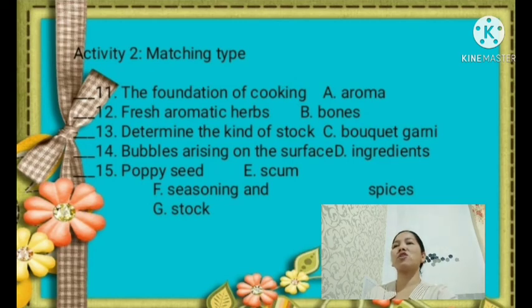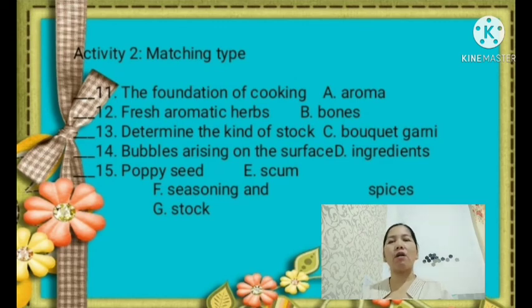Okay, number 11. The foundation of cooking. Number 12. The fresh aromatic herbs. 13.